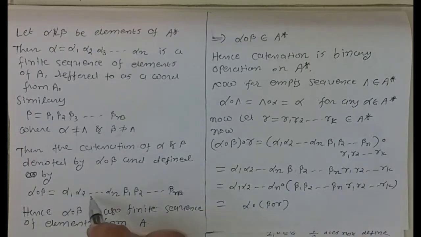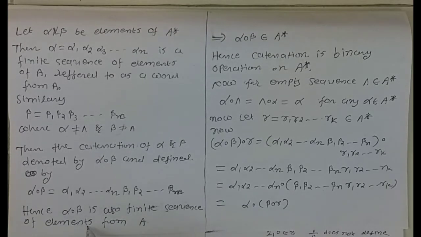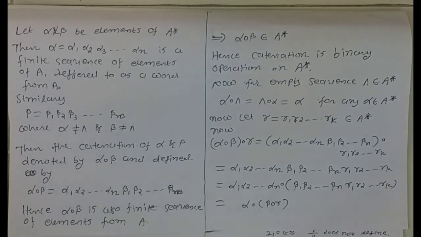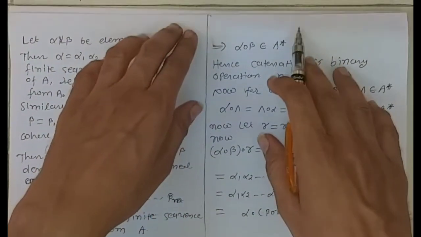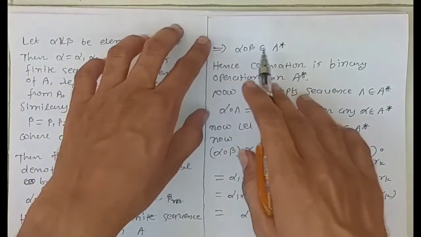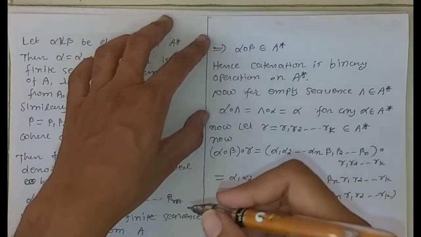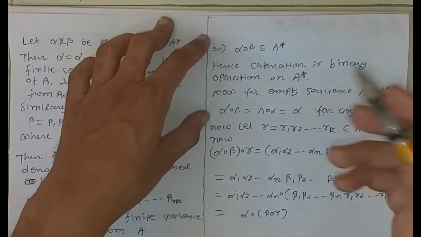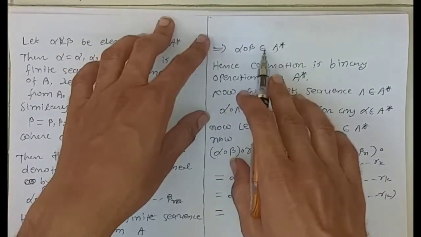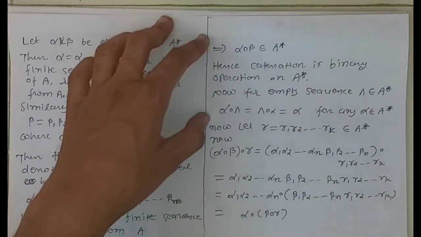Okay, these two sequences are finite, so alpha composed with beta is also a finite sequence. Hence alpha composed with beta is also a finite sequence of elements or symbols from set A. This implies that every finite sequence is contained in A star, because A star is the set containing all finite sequences. So alpha composed with beta belongs to A star.